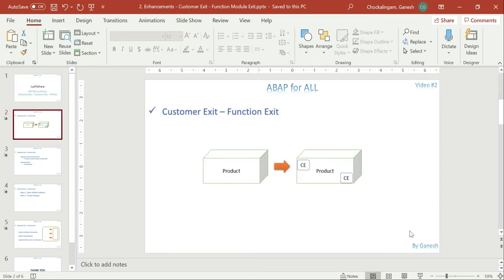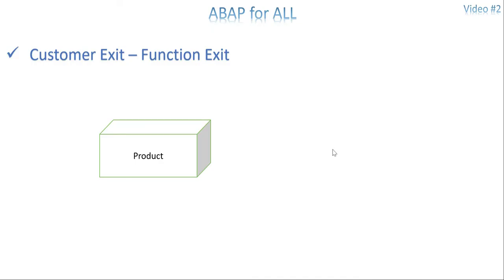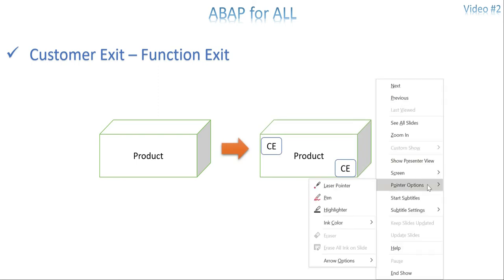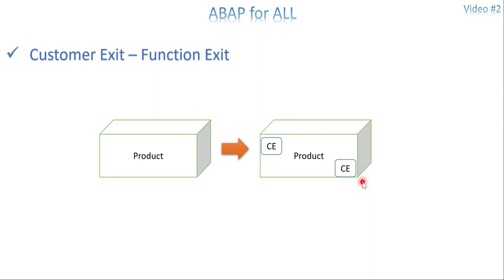The next one is the slide you have already seen in my previous video. This is nothing but a product with enhancement places or spots. In generic terms, I'm not using any technical terms here: the enhancement spot and enhancement place are decided by the product company based on their experience or their different customer requirements.